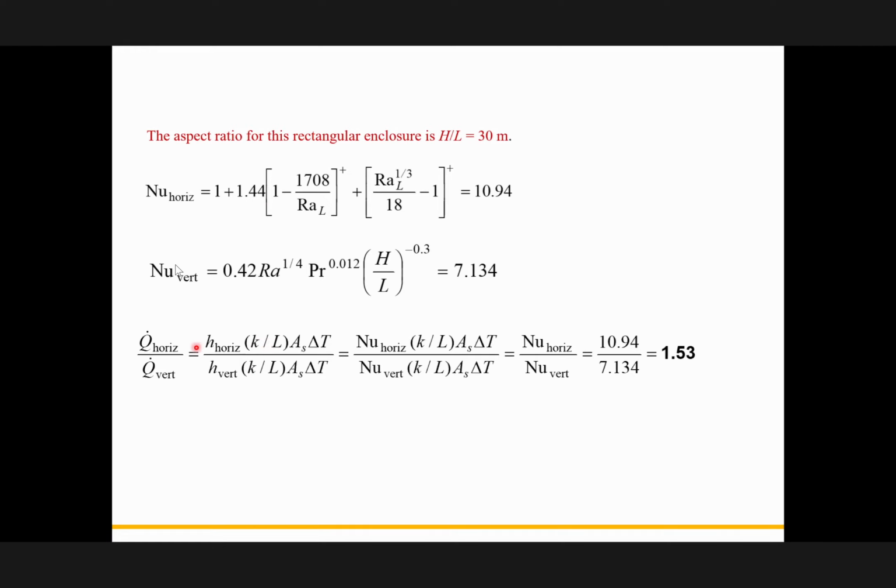If I change this one to Nusselt number, it can be easily simplified, because all of these parameters are the same. The temperature difference is the same, K is the same, L is the same, and so on. Therefore it can be easily found as the ratio of the Nusselt numbers. Therefore the heat transfer by horizontal to the heat transfer by vertical is proportional to their Nusselt number, and that becomes 1.53.